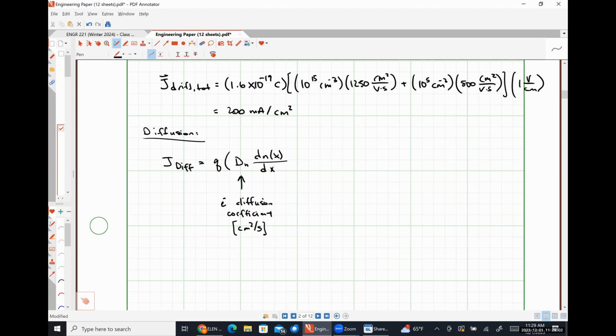I'm arbitrarily just calling this spatial variation x, okay?